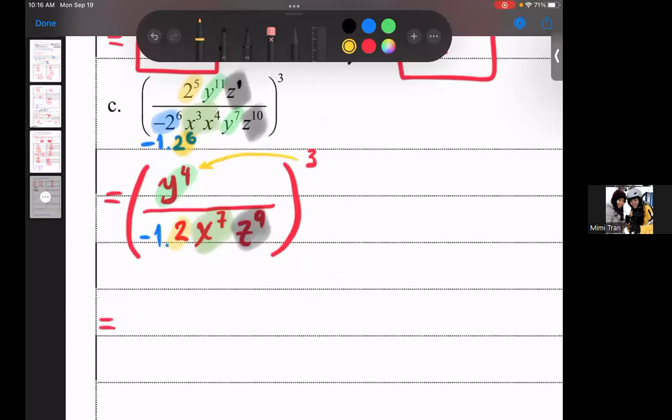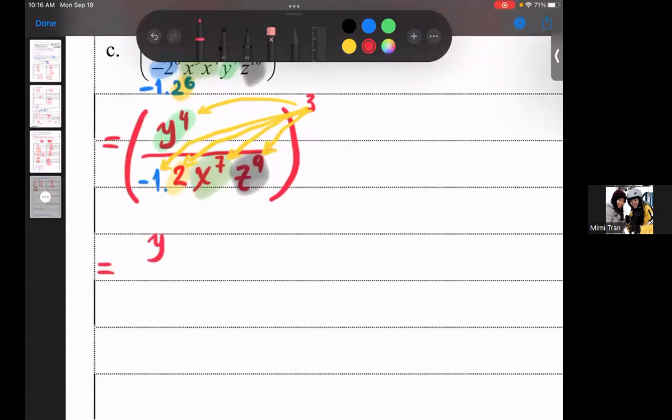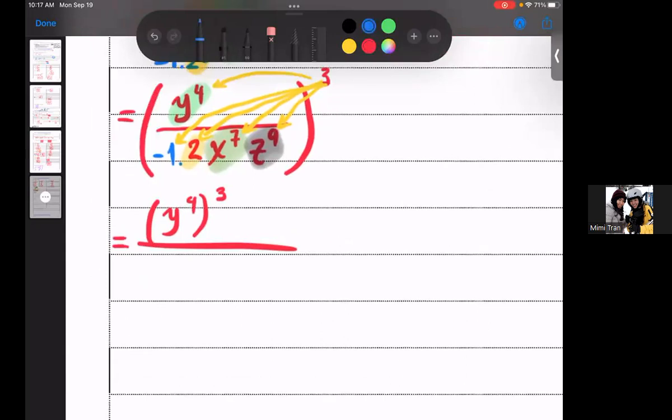Distribute the 3. Y to the 4. I'll do it slowly. Y to the 4 cubed over negative 1 cubed, 2 cubed, x to the 7 cubed, z to the 9 cubed.